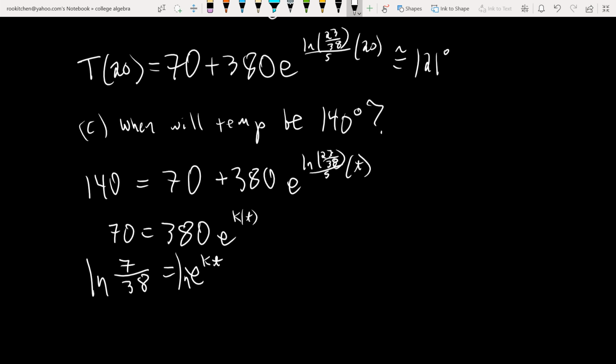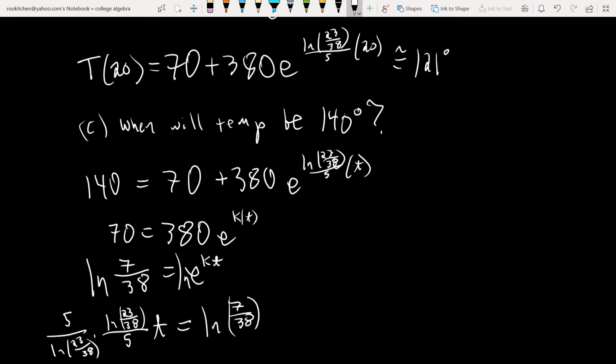ln on both sides, so you get the constant. Let's go ahead and put it back in there: ln of 23 over 38 over 5, times t, equals ln of 7 over 38. Then you've got to solve for t, so multiply both sides by 5 all over ln of 23 over 38.